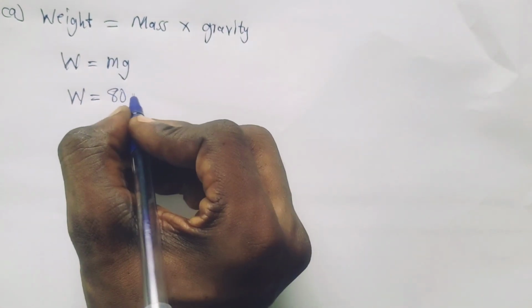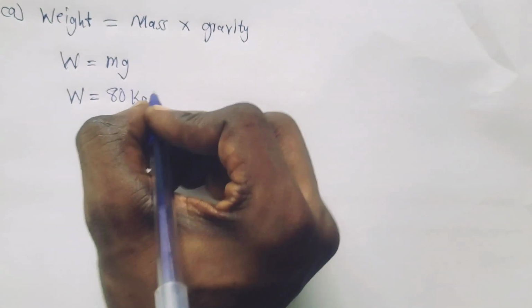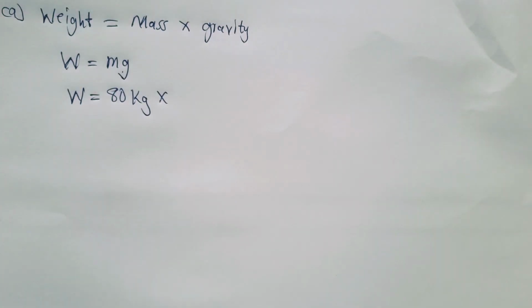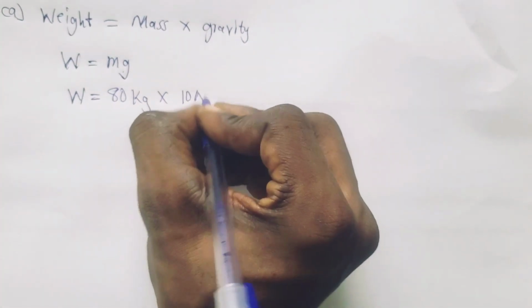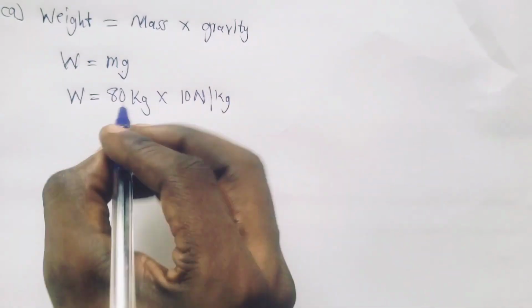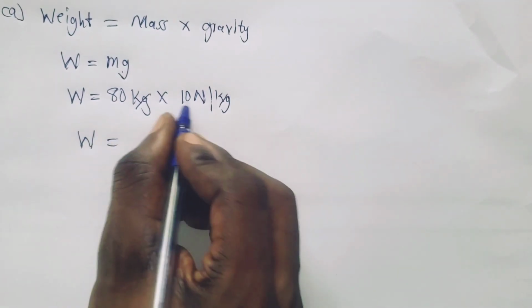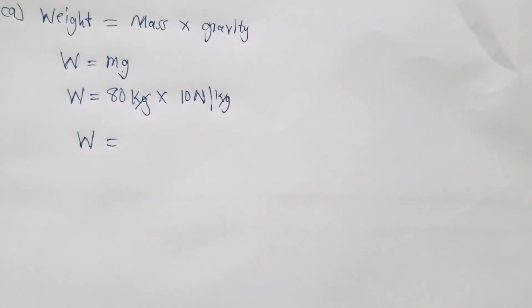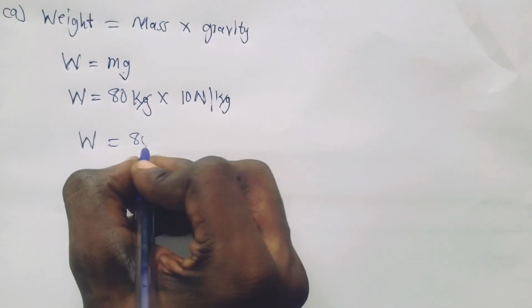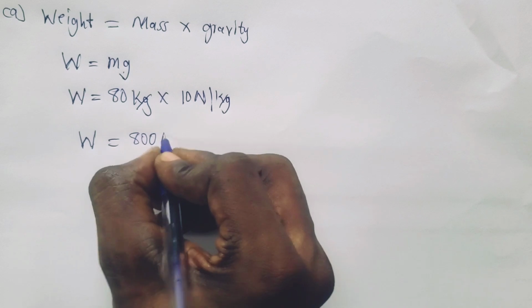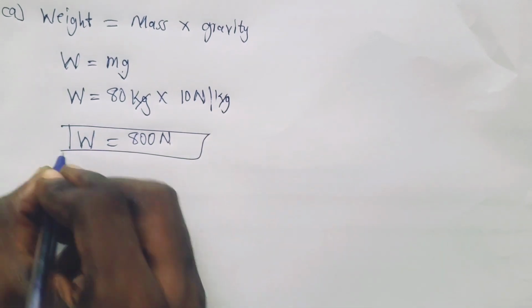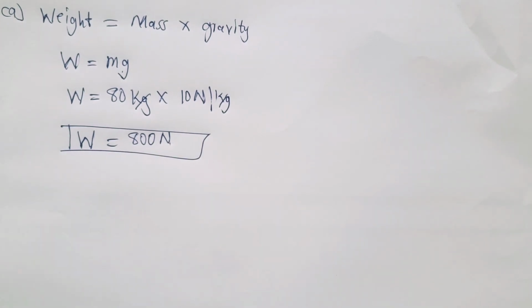So 80 kg multiplied by gravitational field strength, which is 10 newtons per kg. You understand that this is going to cancel. So our weight is going to be 80 multiplied by 10. So the answer is 800 newtons. So this is the first answer.